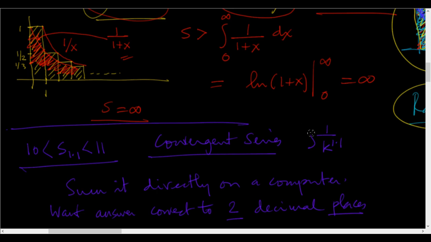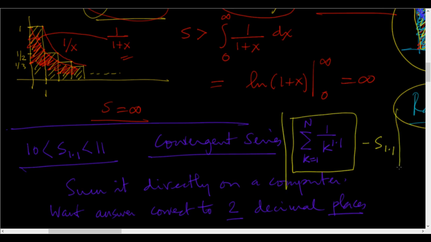I mean this. Sum k from 1 to n. Okay. This is my approximation. Right? I want this from S1.1. I want the difference to be less than 0.01. That's what I get when I have a second order, 2 decimal places accuracy.